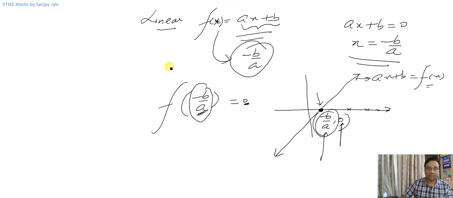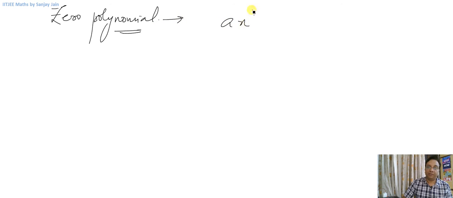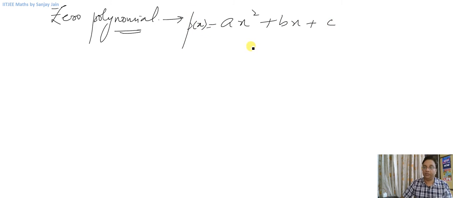We will discuss about graph of quadratic polynomial in detail. Before that, let me tell you about zero polynomial. This is another polynomial. For example, let us say I've got a polynomial ax square plus bx plus c, right? And let me write p of x equal to ax square plus bx plus c. Now I have not said anything about a, b and c.